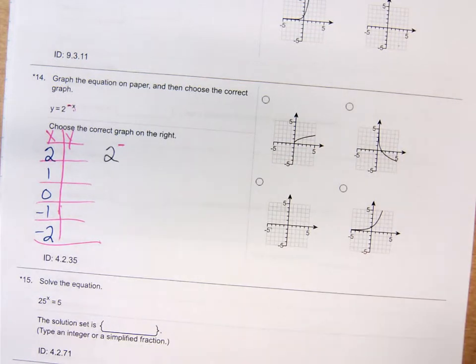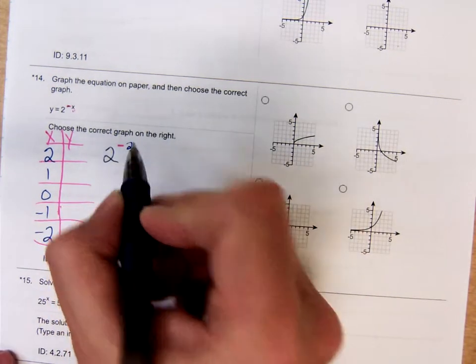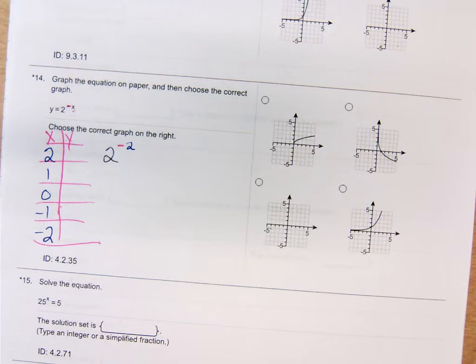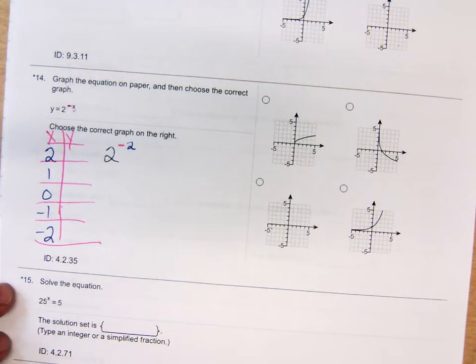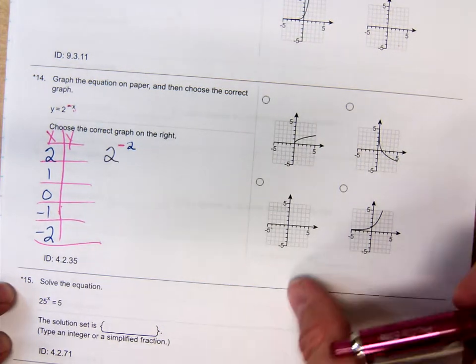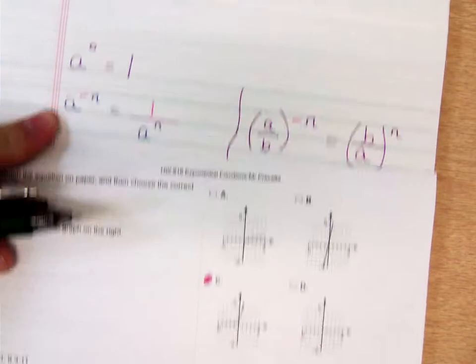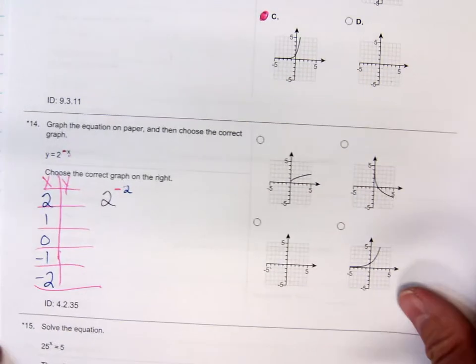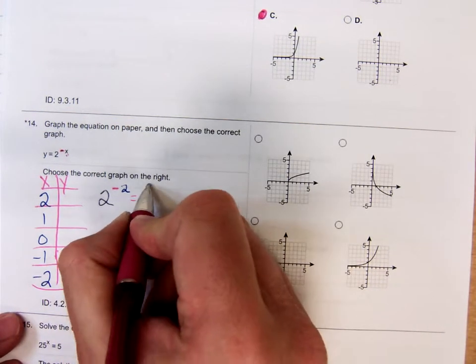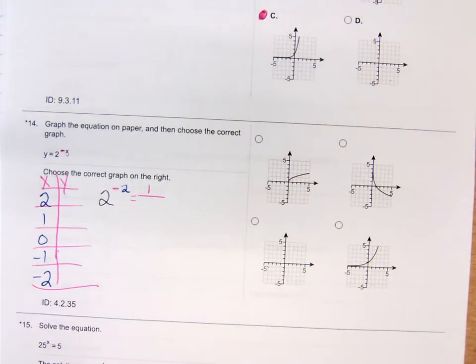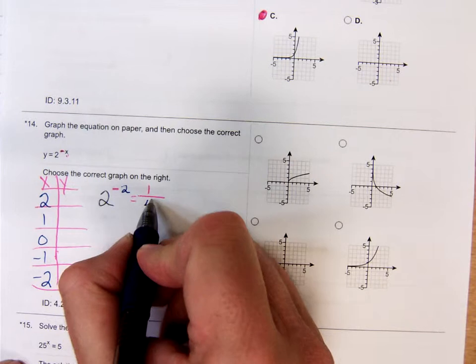Don't say -4. Remember what a negative exponent means. A negative exponent means 1 over. Okay. So 2 to the -2 would be 1 over, and then 2 squared is 4. So 1 over 4.